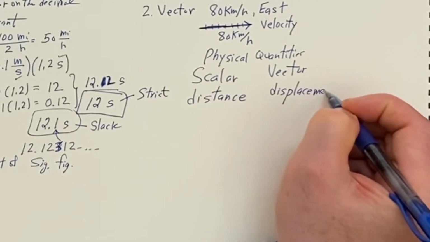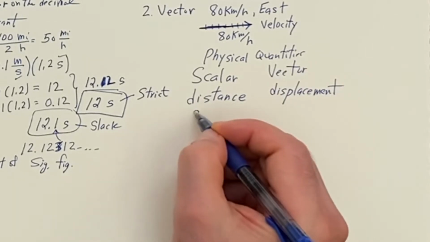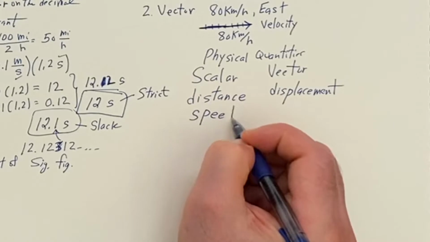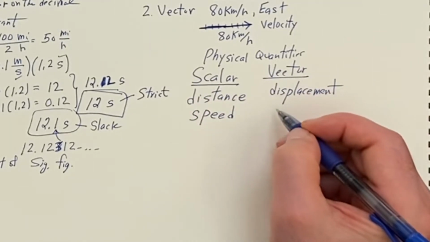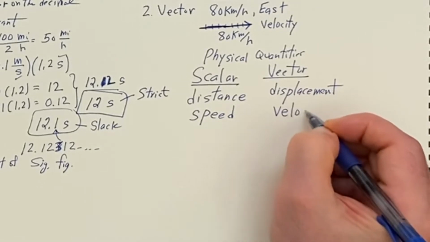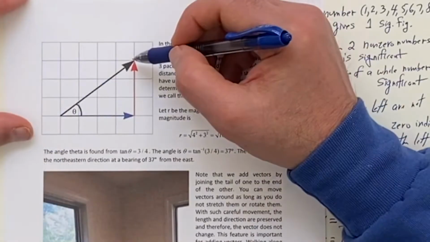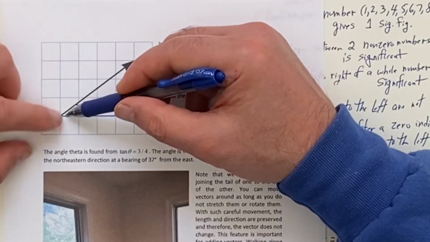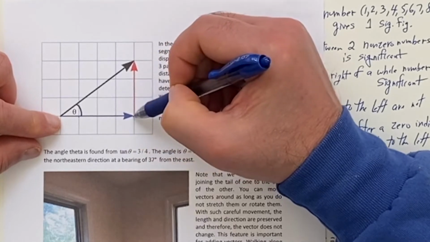The term displacement for the vector, when you have the distance and a direction. And then for speed, the scalar, if we promote that to the vector, we're going to have velocity, where we include the direction.